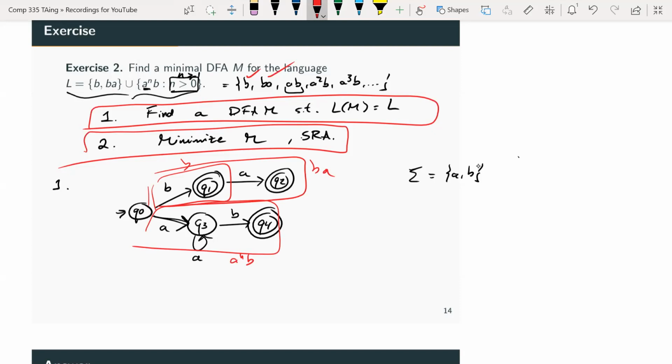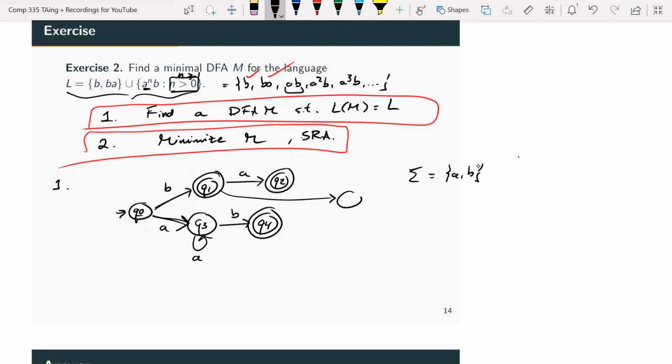The rest is just essentially cleaning up and sending things to a trap state or a dead configuration. So for Q0, I have my two transitions. If I'm in Q1 and instead of seeing A, I see a B, well, BB or anything like that is not going to be accepted. So that's just going to go into a trap state, which I'm going to call Q5.